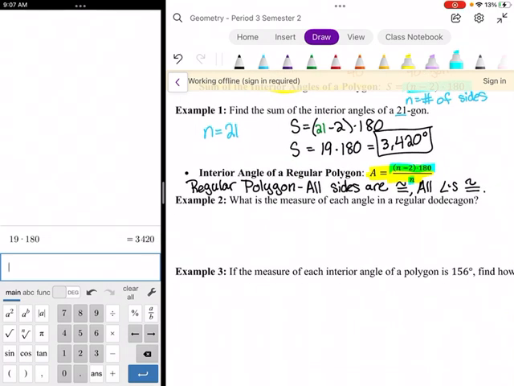So for our example 2, what is the measure of each angle in a regular dodecagon? So a dodecagon has 12 sides, which means our n value equals 12. So to find the measurement of one angle, we're going to take 12 minus 2 on top, multiply that by 180, and then divide our answer by 12.